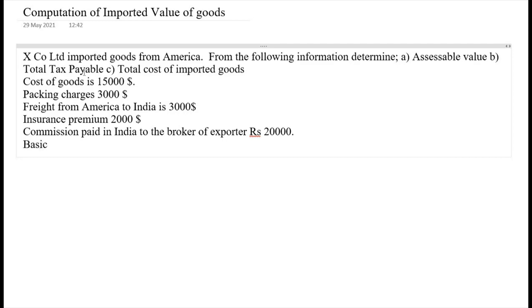Basic customs duty is at 10%. IGST at 18%. Education cess at 3%.